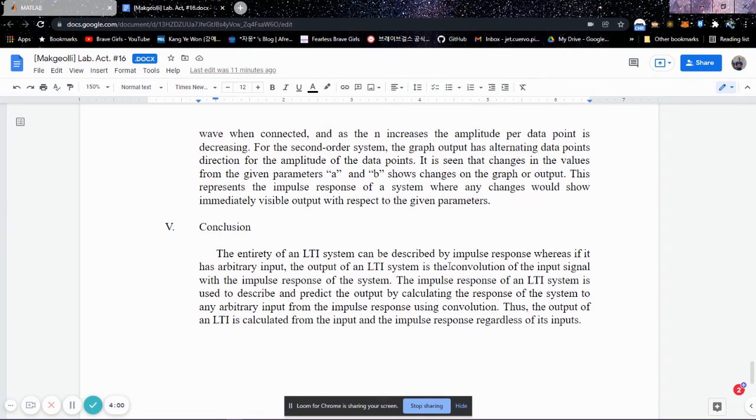The impulse response of an LTI system can describe and predict the output through calculation of the response of the LTI system with the given arbitrary input from the impulse response using convolution. With that, the outputs of an LTI system could be calculated from the input and the impulse response coming from the system.